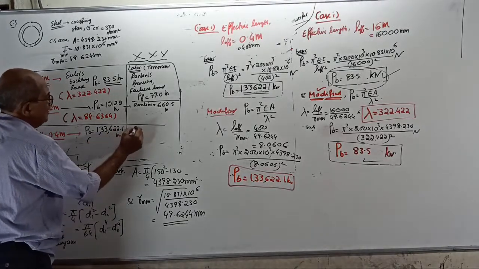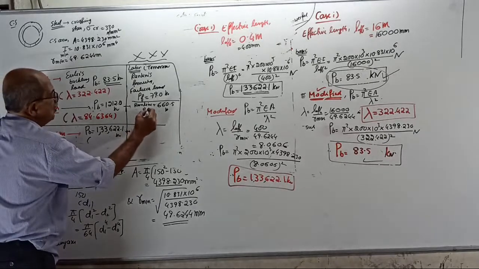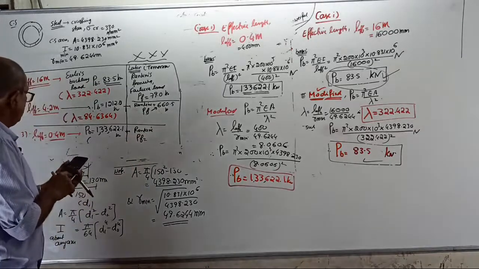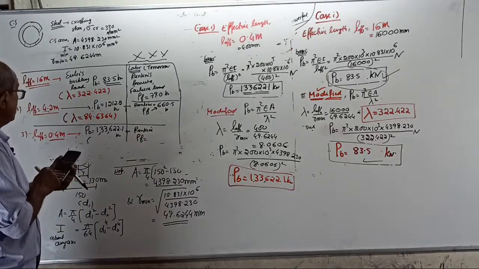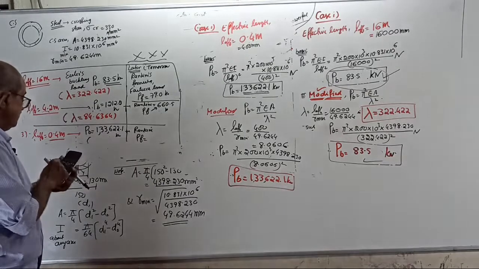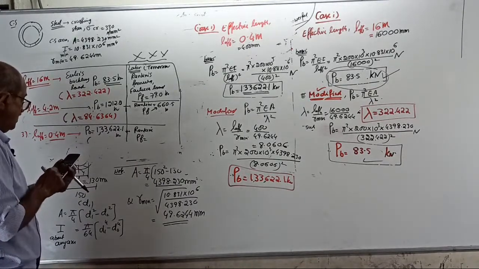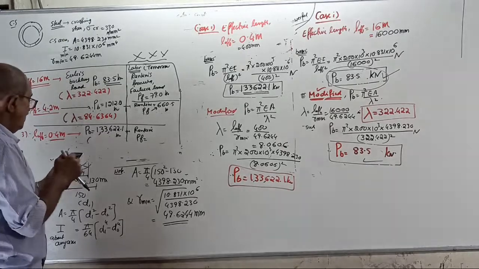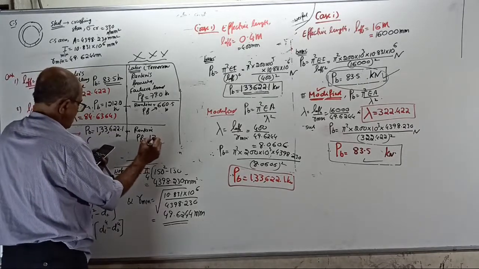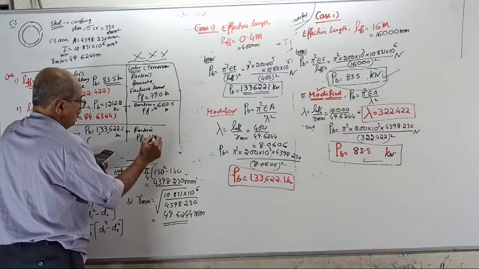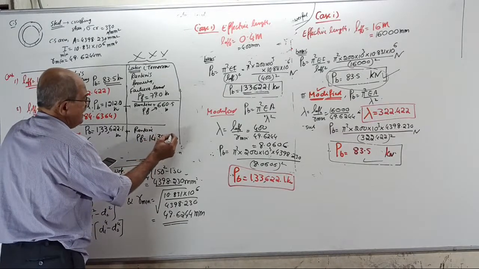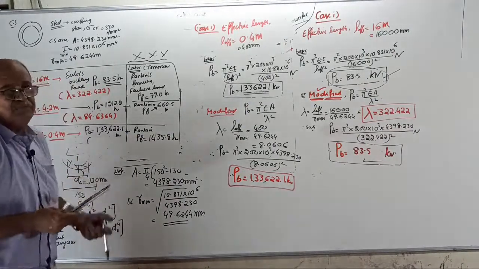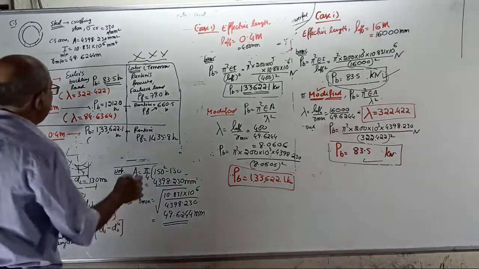And at that time, your Rankine's failure load will come. 1435.8 kilonewton is the answer. This you are getting tomorrow.